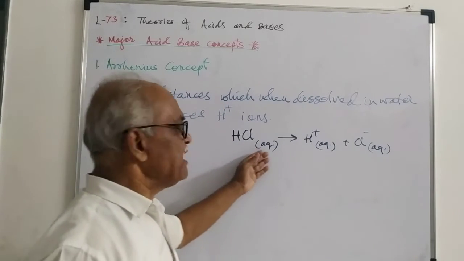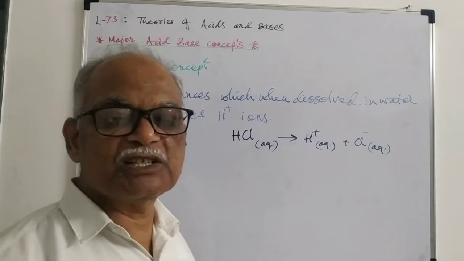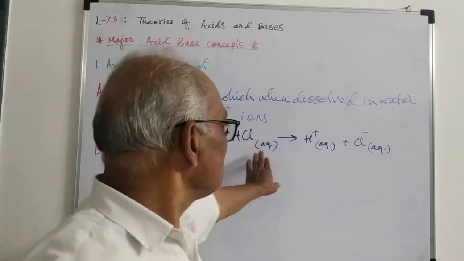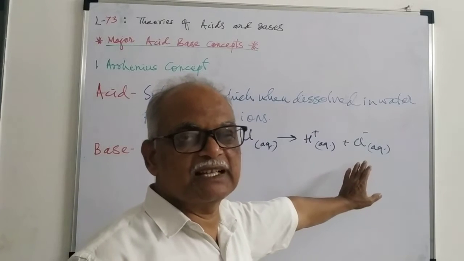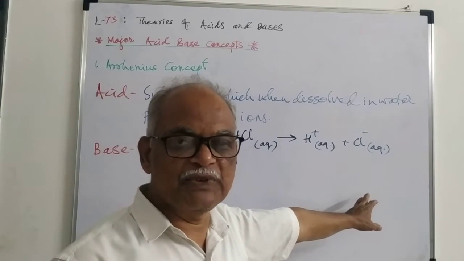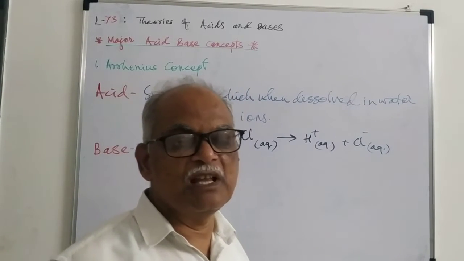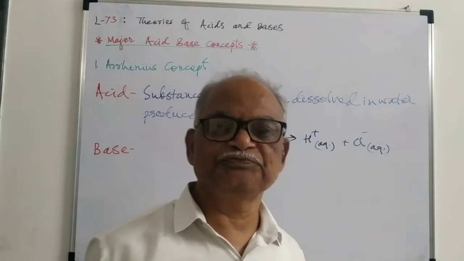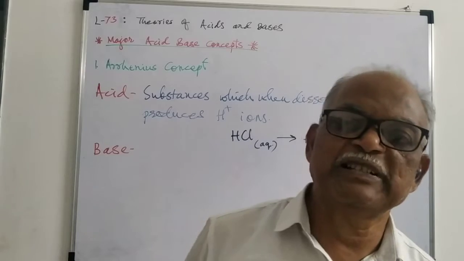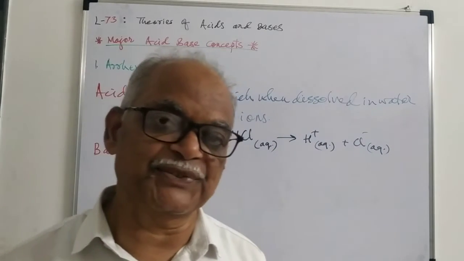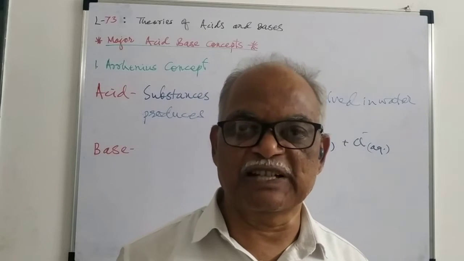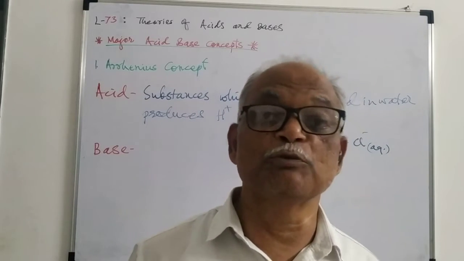Similarly, we can have HNO3. When HNO3 is dissolved in water, it releases H plus ion, so it produces H plus aqueous and NO3 minus. Similarly, H2SO4 undergoes ionization into H plus and HSO4 minus, or we can say twice H plus and SO4 2 minus.